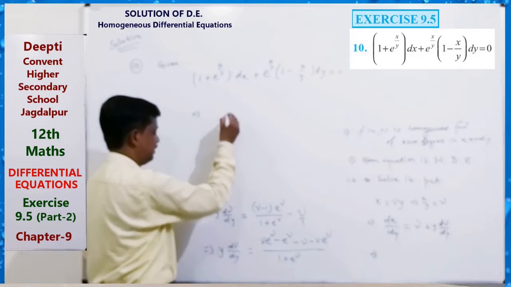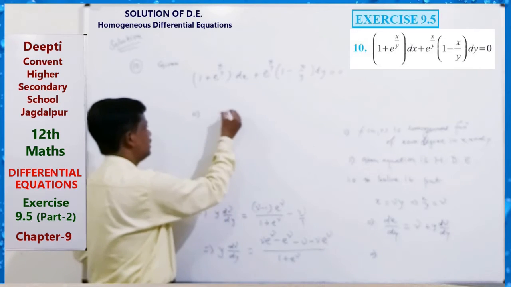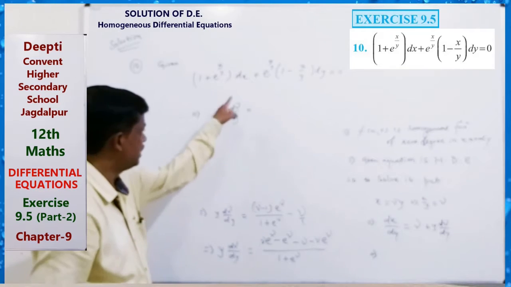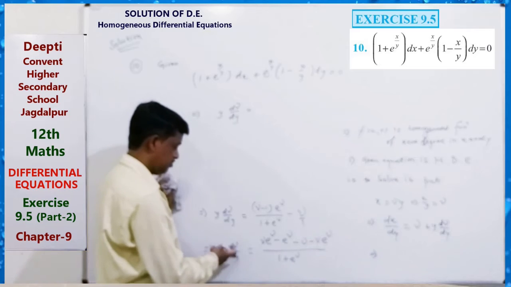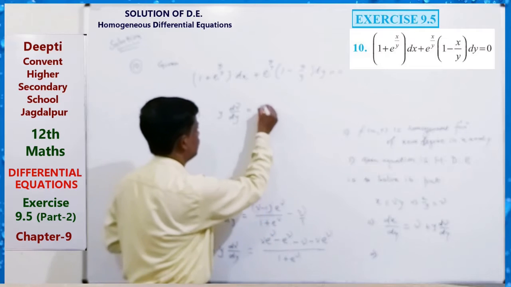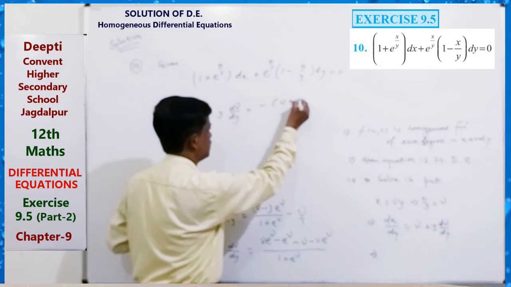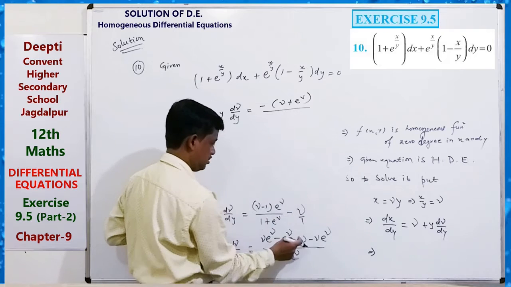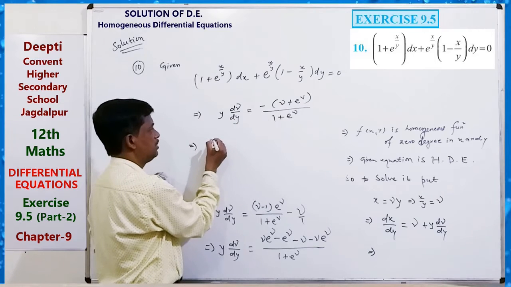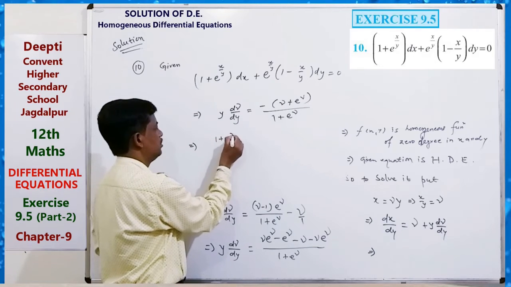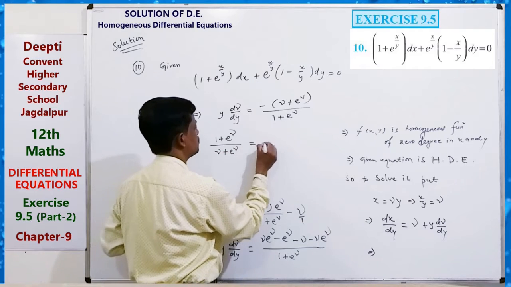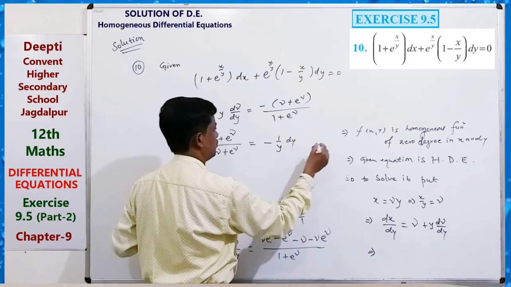Here we see that y dv/dy is a differential equation in v and y in separable form. Here v e^v cancels, leaving minus of (v + e^v) upon (1 + e^v). So write it like this: (1 + e^v) / (v + e^v) dv equals minus 1/y dy.